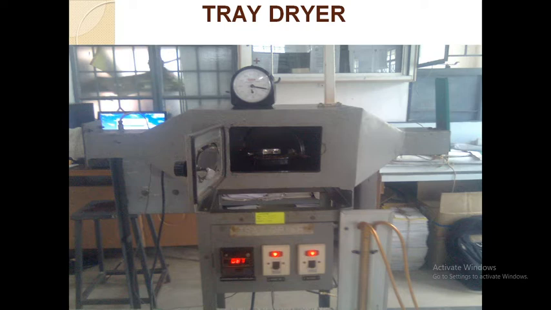In the tray dryer, hot air is continuously circulated by forced convection. Heating takes place to remove moisture from the solid placed in trays. Simultaneously, the moist air is removed partially.